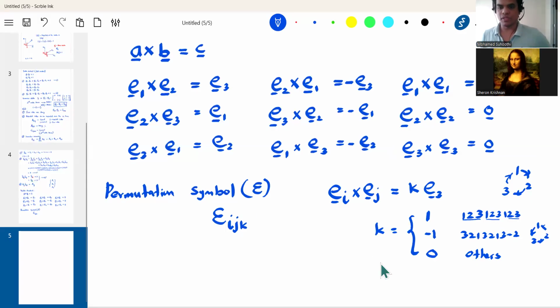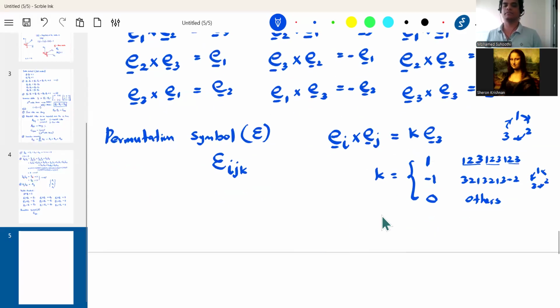So this is actually the definition of epsilon IJK. When I, J and K follow this order, epsilon IJK is +1.